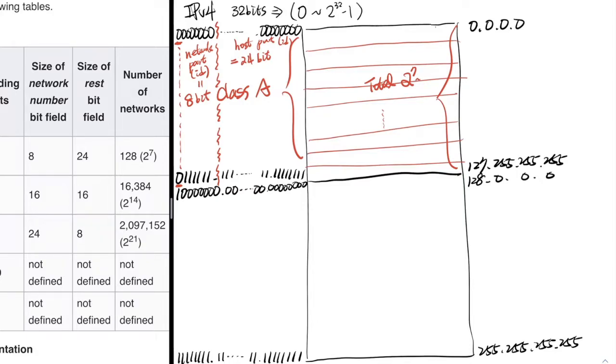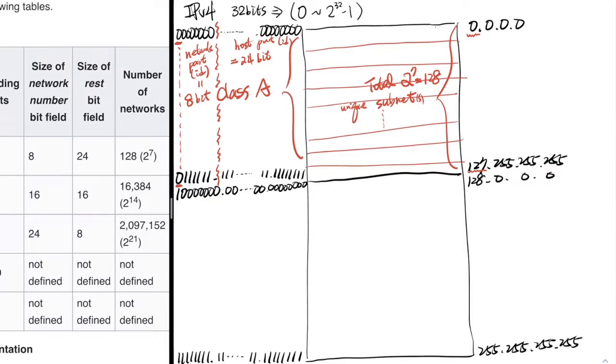That is 128 unique subnets in the range of class A. We can easily understand that by taking a look at the decimal IP address. The very first IP address starts with 0, and the last address starts with 127, right?